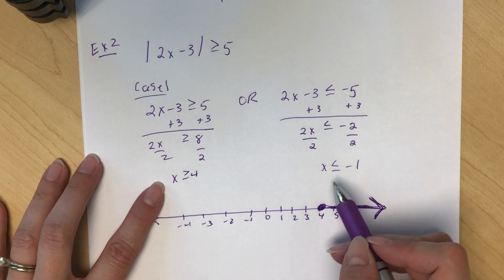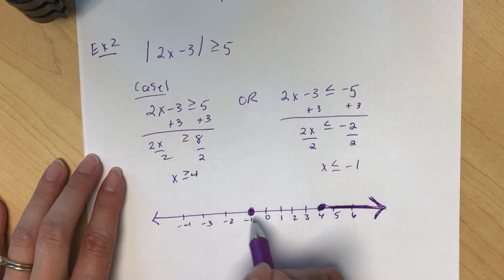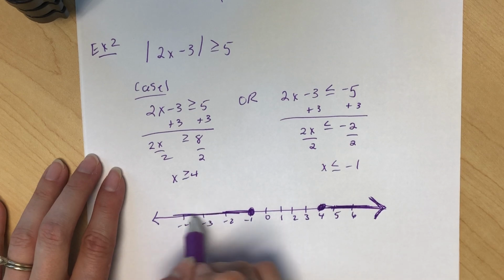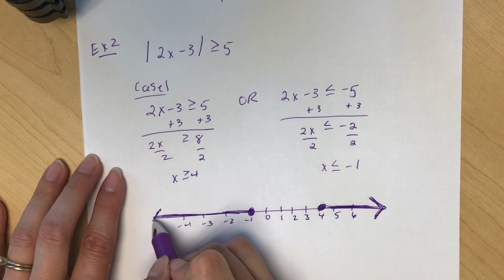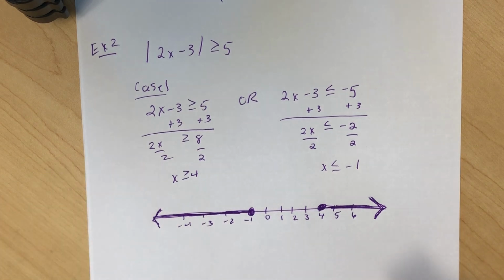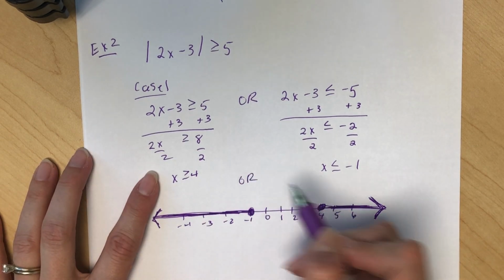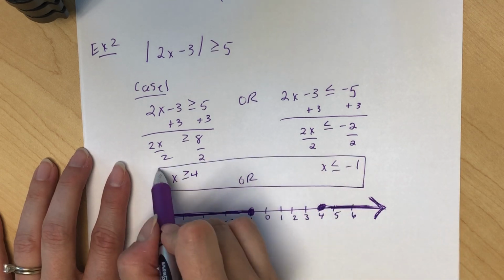Second case, find negative 1. You're going to do a closed circle at negative 1, shade everything less than to the left. Okay? And then your final answer, you'll just say x is greater than or equal to 4 or x is less than or equal to negative 1, and that's it.